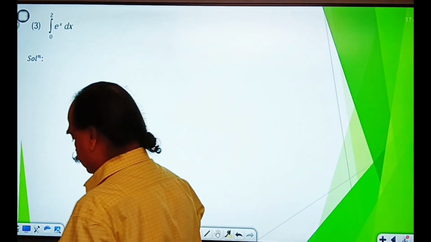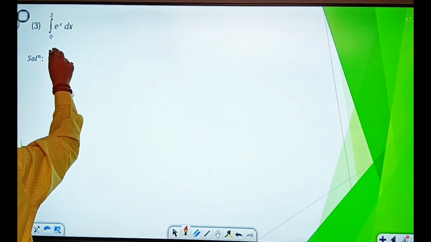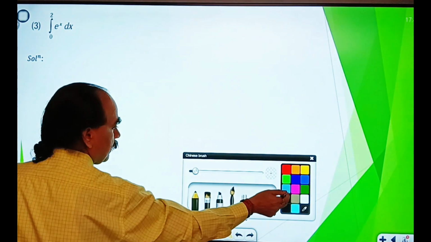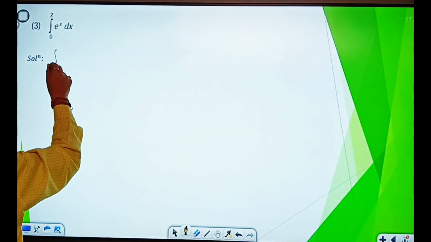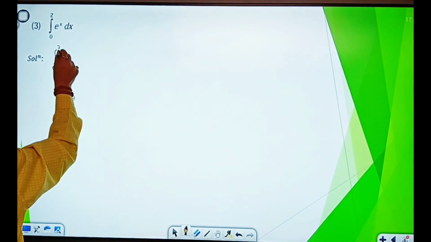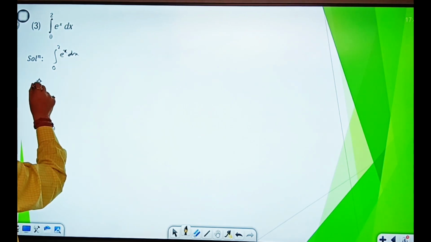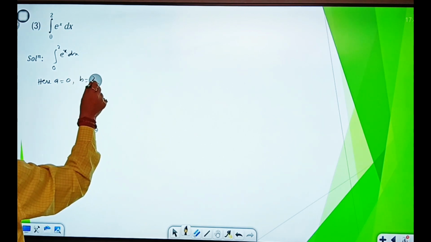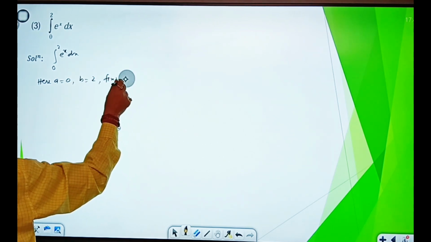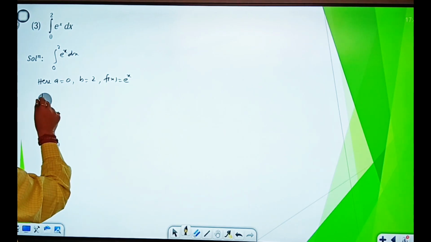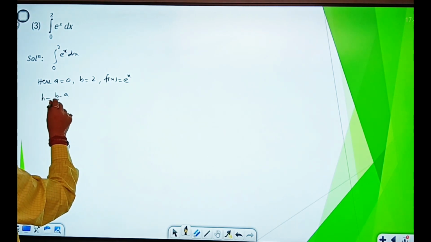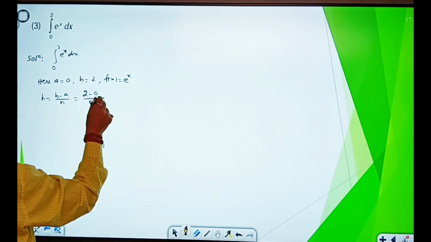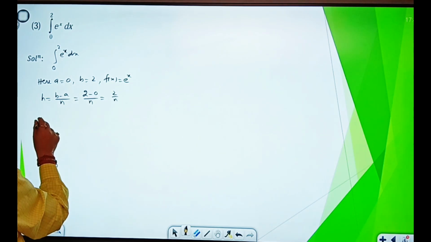Next problem is what? Integral 0 to 2 e raised to x dx. Here a is 0, b is 2, f(x) is e raised to x. h is b minus a upon n, 2 minus 0 upon n, 2 by n.